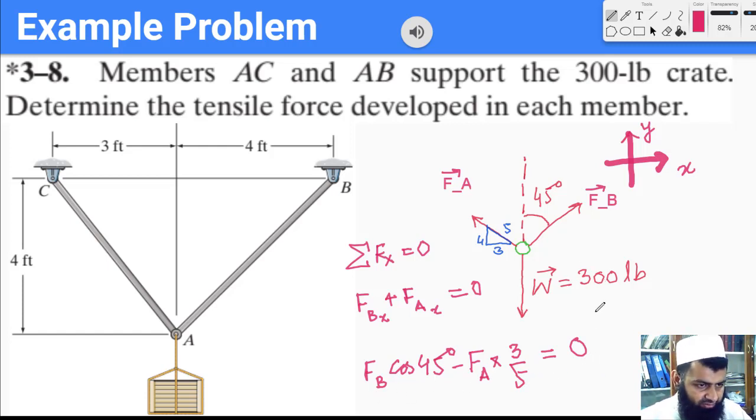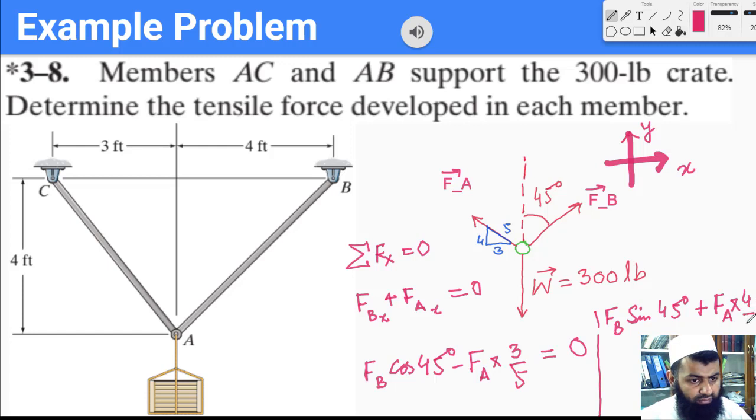For the y direction, let me draw a line here. For the y direction we would have the y component of FB, which is just FB sine of 45 degrees, and then we have to add FA times 4/5, and then this weight is going to be a negative component, minus W, equals 0.